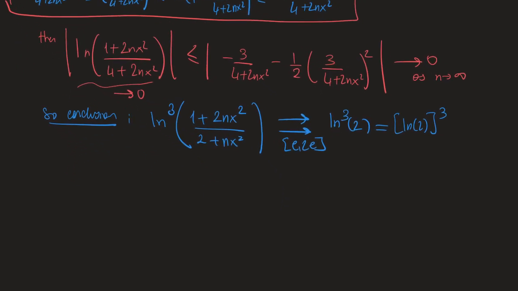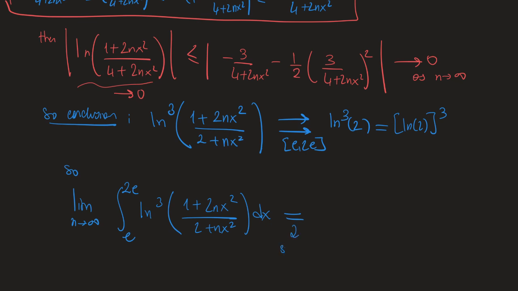So when we apply this to the question, we will have the limit as n goes to infinity of, whoops, there should be some integral sign, sorry, the integral of ln cube of (1 plus 2nx square over 2 plus nx square) dx is, since it is uniform convergence, equal to the integral from e to 2e of ln cube 2 dx.